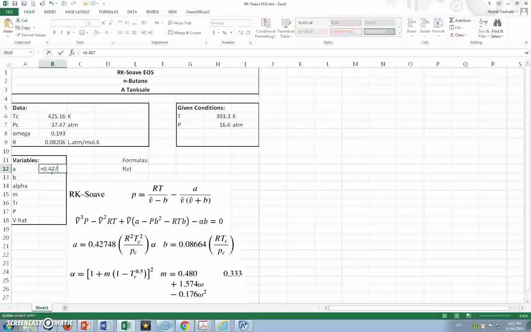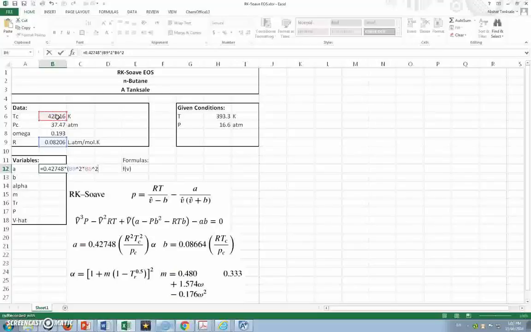So if we start entering the details, A is equal to 0.42748 times R squared. In this case, R is in the same units as we want our specific volume, which is liter per mole. So R will be liter atmosphere over mole Kelvin.